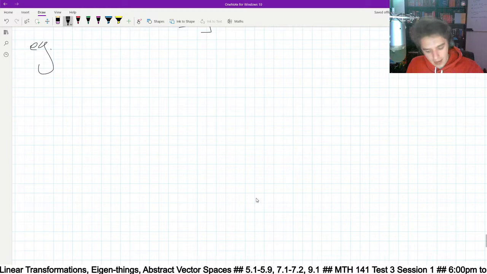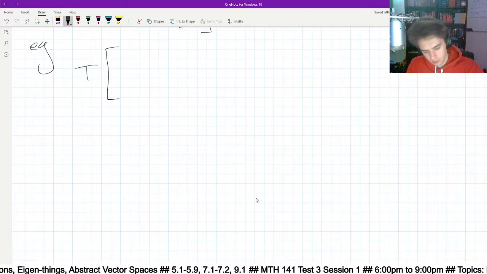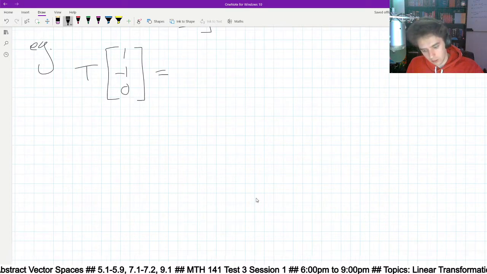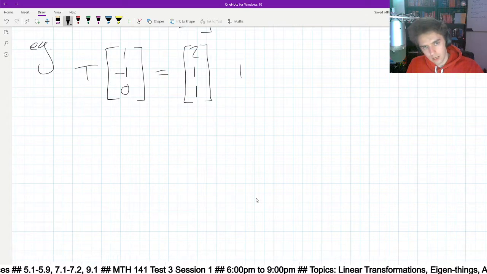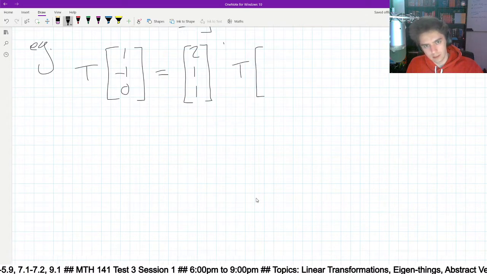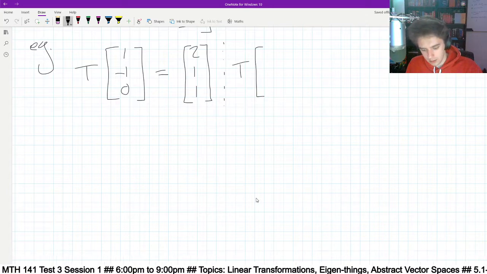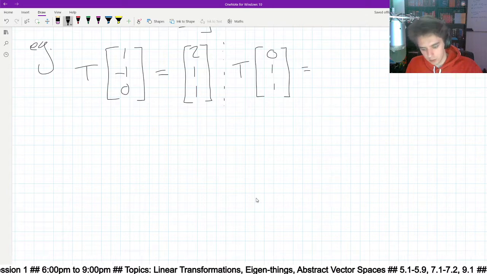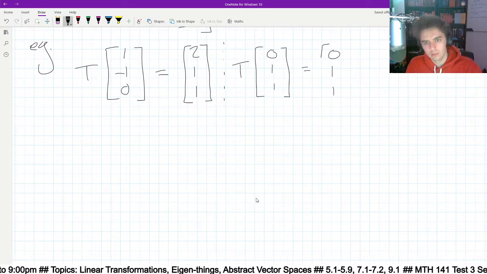So I know that T of 1, -1, 0 equals 2, 1, 1. I know T of, this is a separate point, T of 0, 1, 1 is equal to 0, 1, 1.